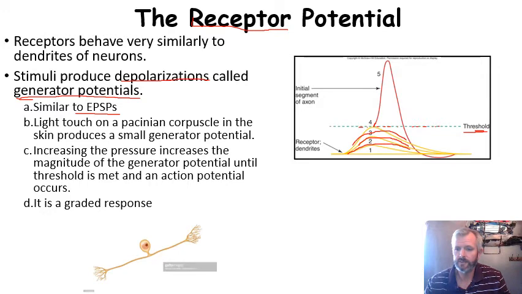Just like our graded potentials, our receptor or generator potentials are a graded response. A very, very light touch, a little bit harder touch, not much touch or more touch, and now we get threshold, and I can actually have an awareness of the touch taking place.